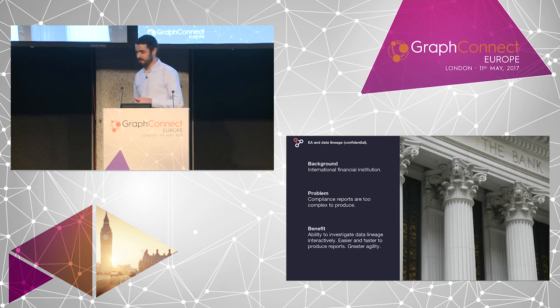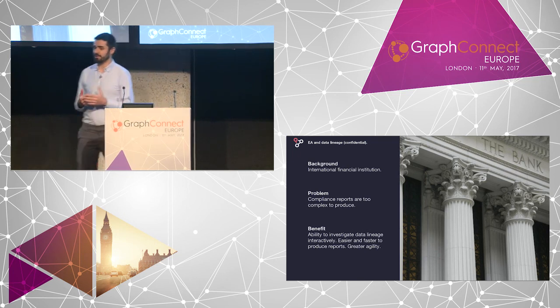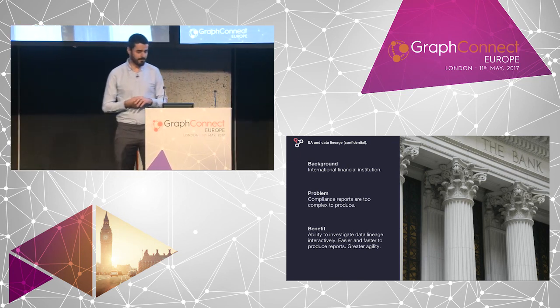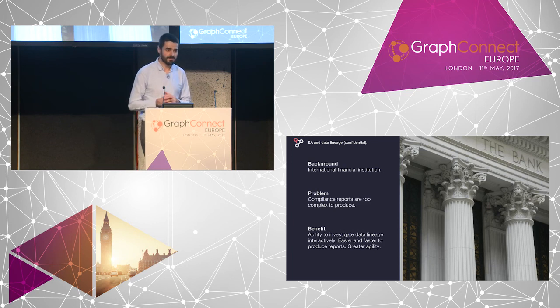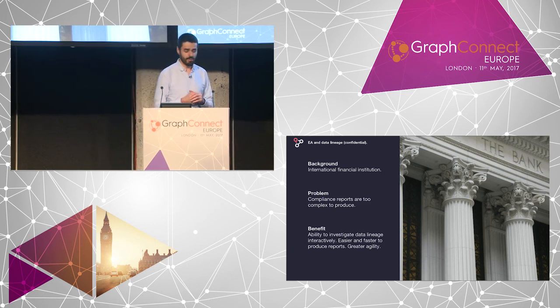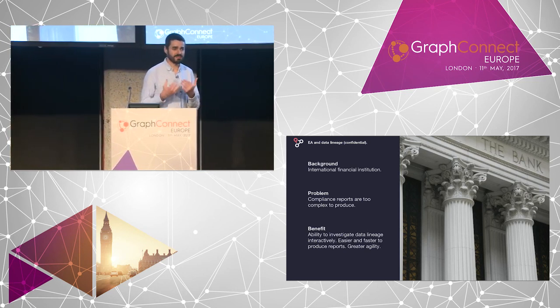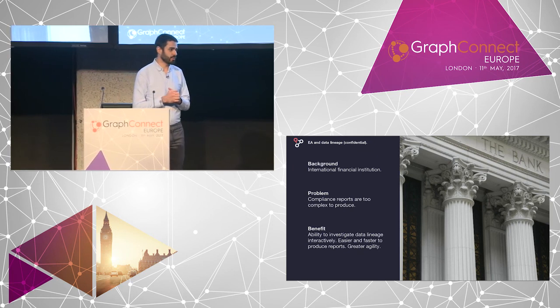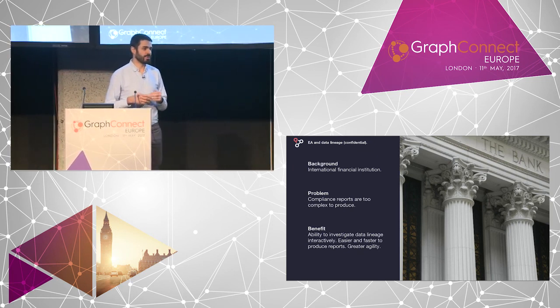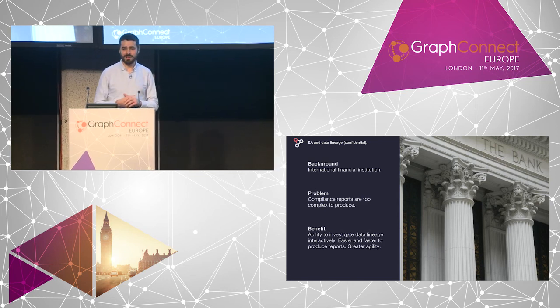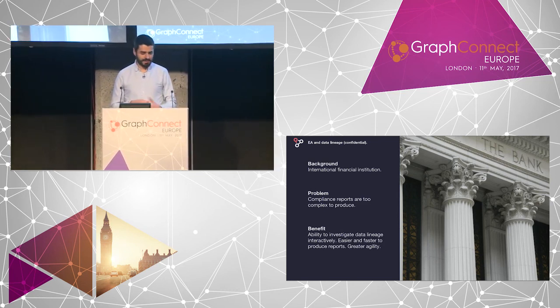It was frustrating for them because they were investing a lot of time in doing that, and they were not very confident about what sort of metrics they were reporting. So what they have done is that they have progressively moved their data to Neo4j, ingesting data from various sources and building a data lineage graph. The data lineage graph is accessible via the Linkurious Enterprise web UI.